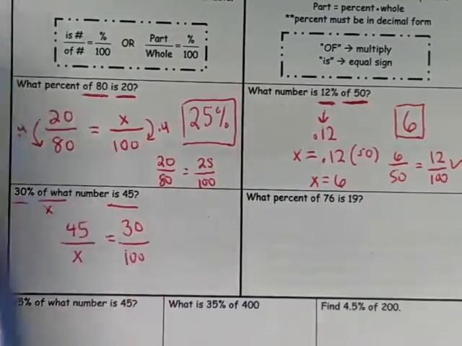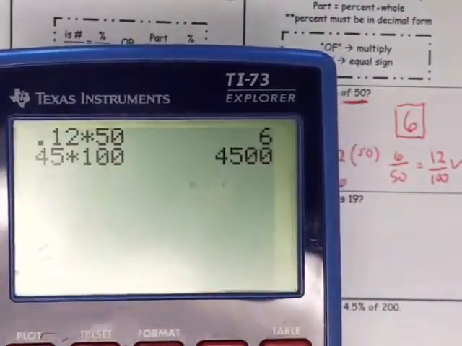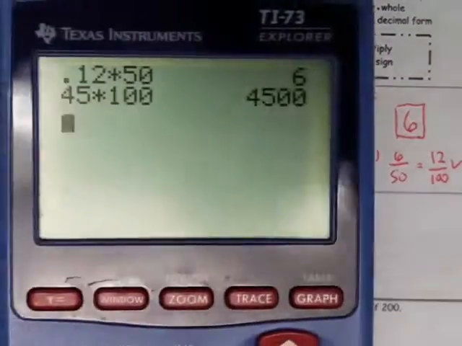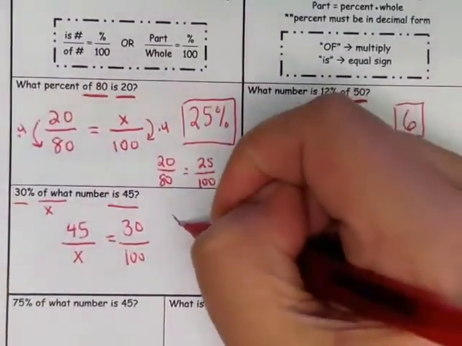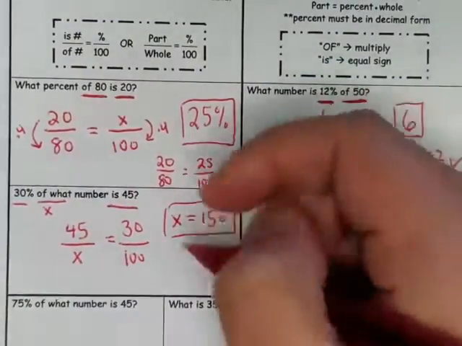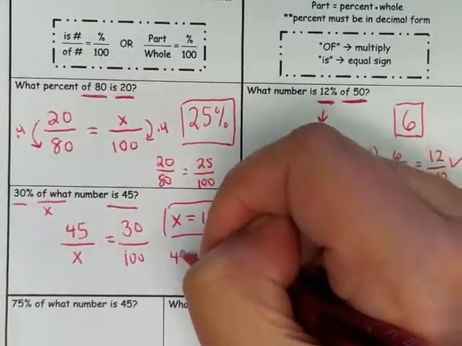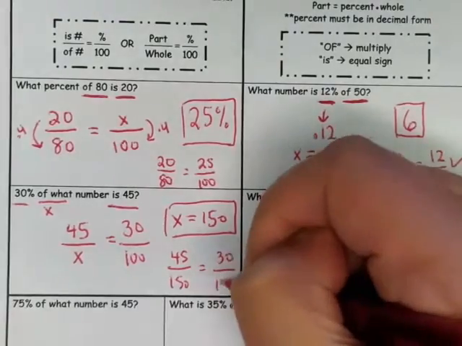So 45 times 100, and then divide by 30, so I get 150. So x equals 150. I can check it. 45 out of 150, is that equal to 30 out of 100?